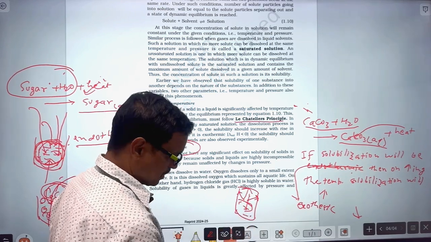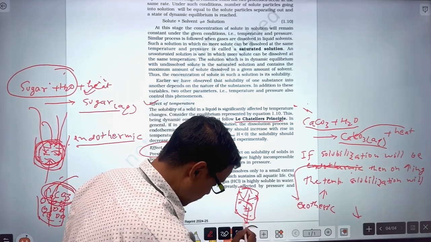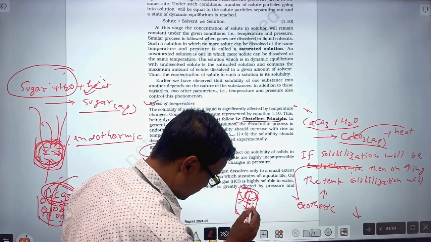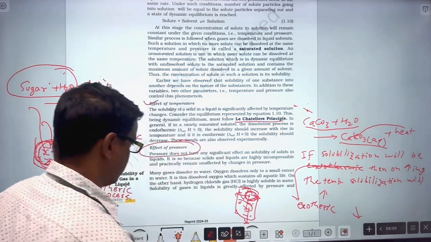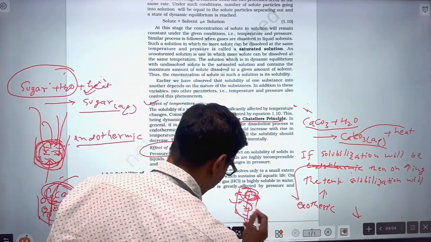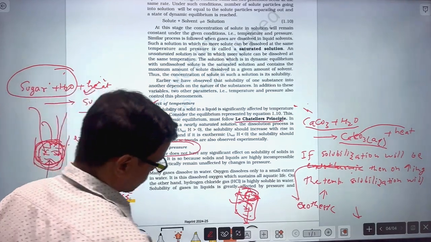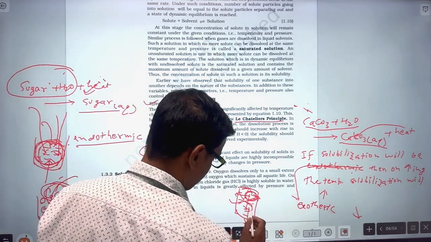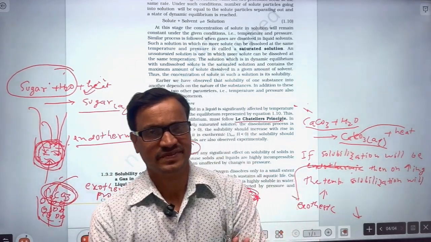Obviously not. So solids and liquids do not exert pressure on the wall of the container. So there will be no appreciable change in the solubility of a solid in a liquid on increasing the pressure.